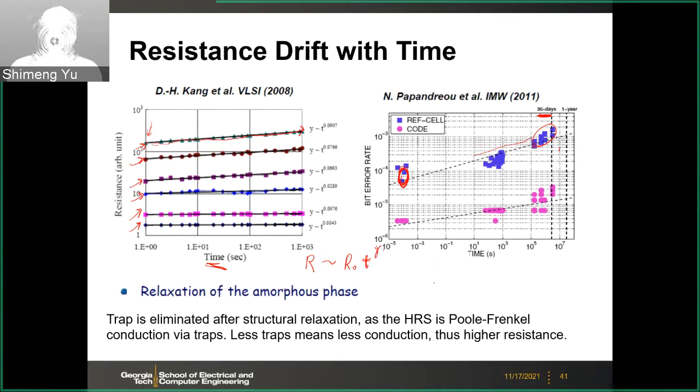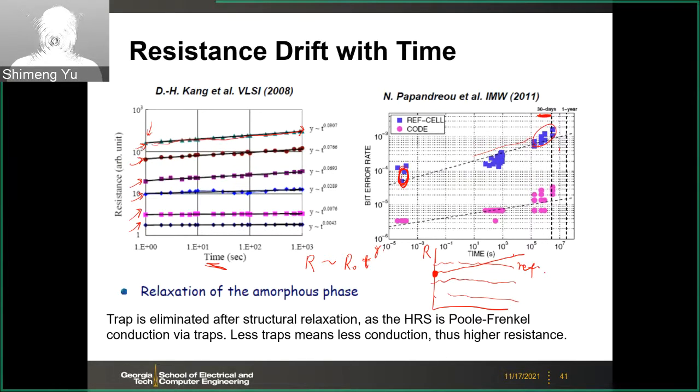Because multi-level, this is resistance. Then you already define the threshold between the levels. If this resistance drifts over time, crosses this reference, then you create error. So the drift is a major limitation for the multi-level operation in phase change memory.